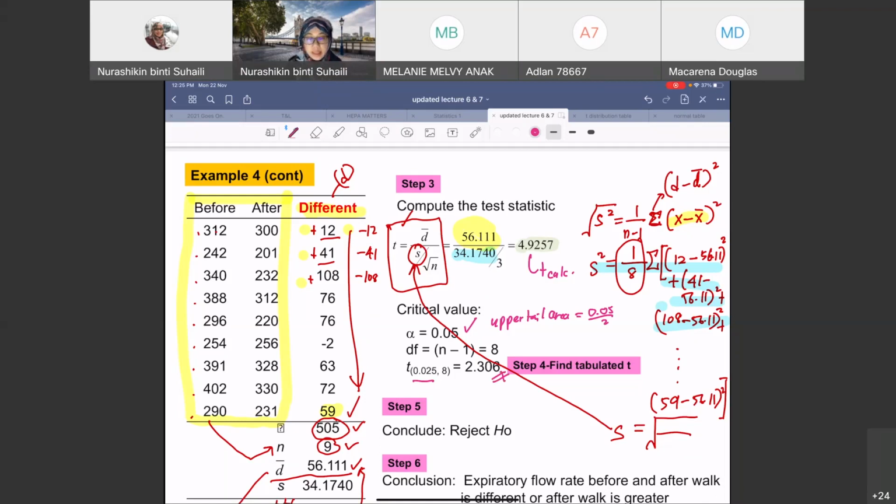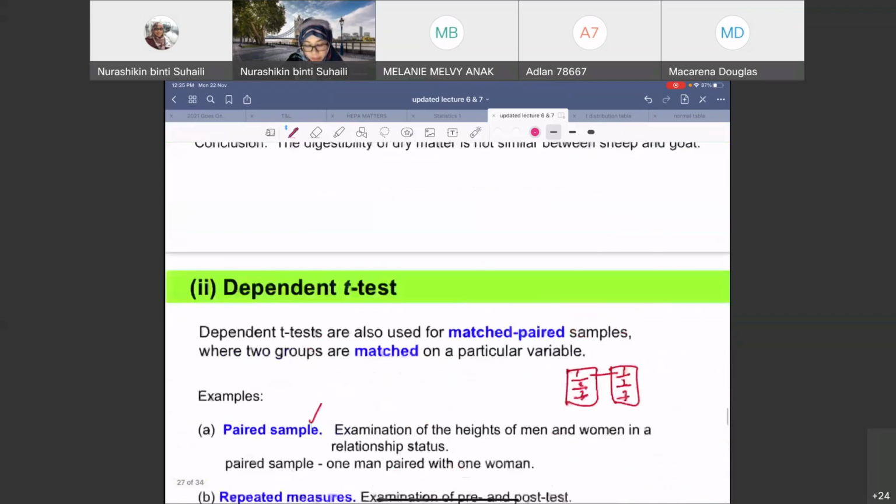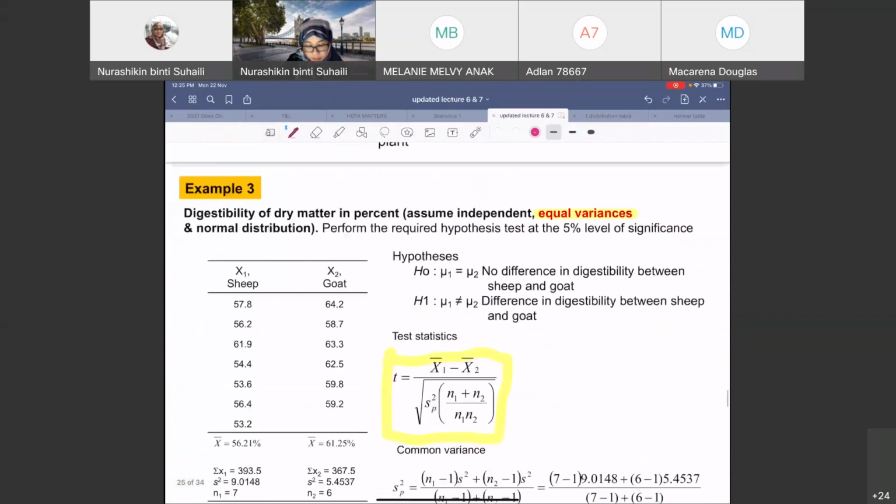Okay, the reason why I said just now, when you find the D, it doesn't matter whether you 312 minus 200 or 200 minus 312. Tapi you kena stick pada satu style yang sama. Kalau if let's say you after minus before, you have to go through everything after minus before. You don't mix up, okay? So the reason why, because when you make a comparison, dia ada absolute value tu kan.